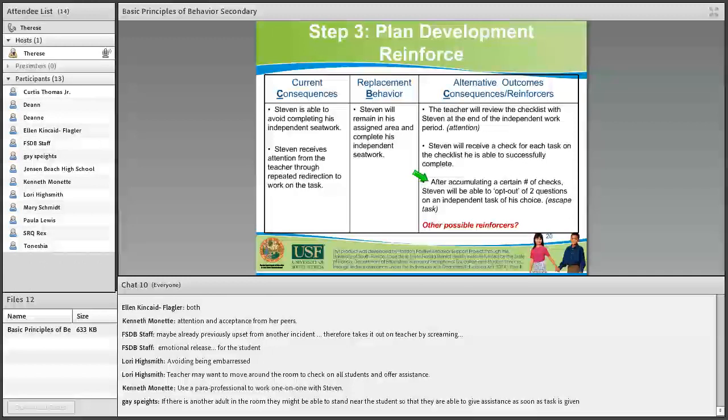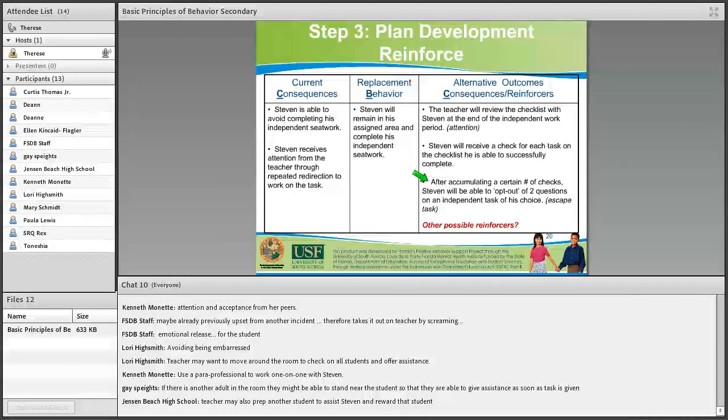So these are a couple different ways of reinforcing the appropriate behavior, and while we're reinforcing the appropriate behavior, we're doing it in a way that also gets him what he was needing, whether it was attention or escaping the task that was probably pretty difficult for him.